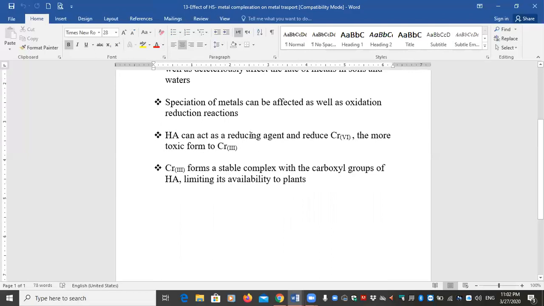So besides being less toxic, it also forms a stable complex with carboxyl groups of humic acid, which makes it not available to plants, which is what we want. Chromium, remember, is not a nutrient. These are heavy metals. We don't want them in the plant. They are not nutrients for the plants.